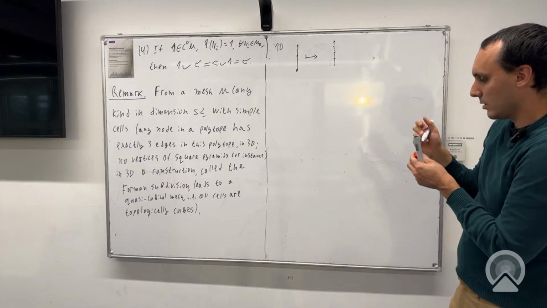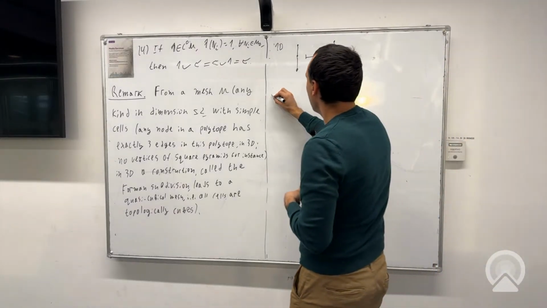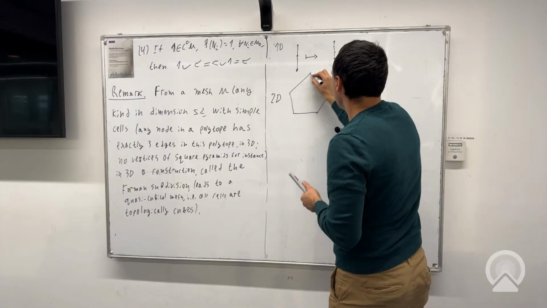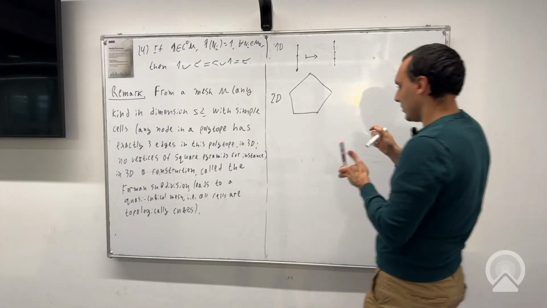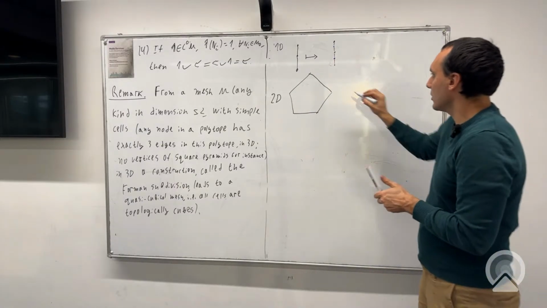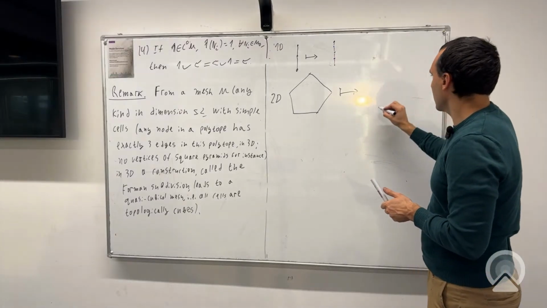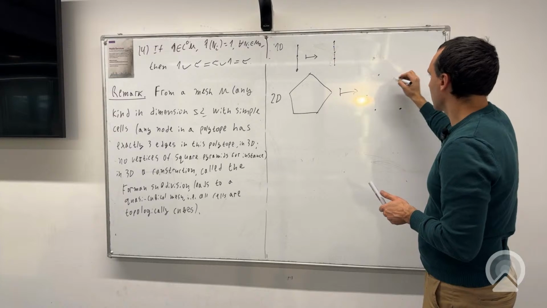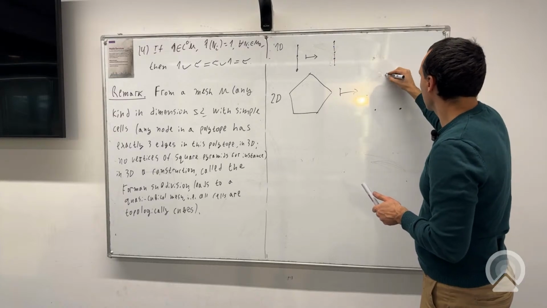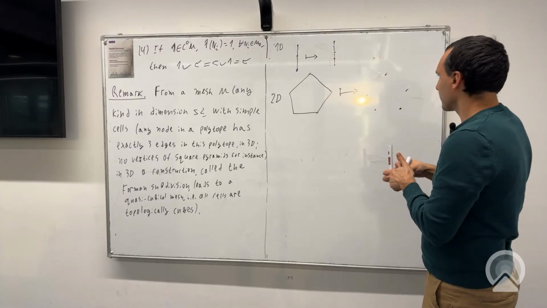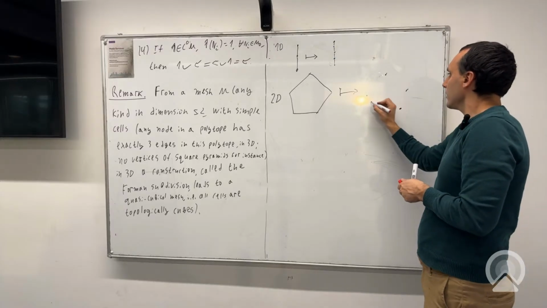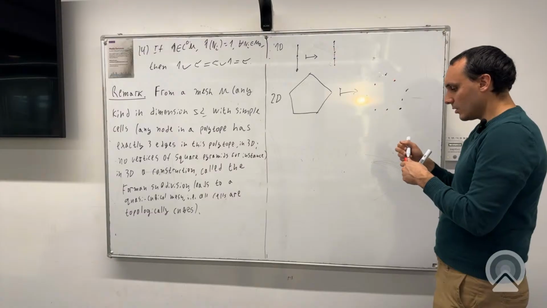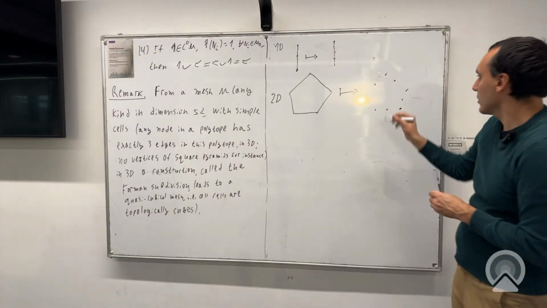Okay. In 2D, let's say we start with a pentagon, why not? I will not do it for the 3D example, but 2D. And so we have all the original nodes. But also for any one cell, we have a new node, and we have a node for the interior.